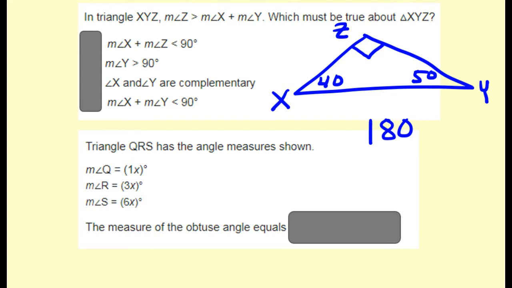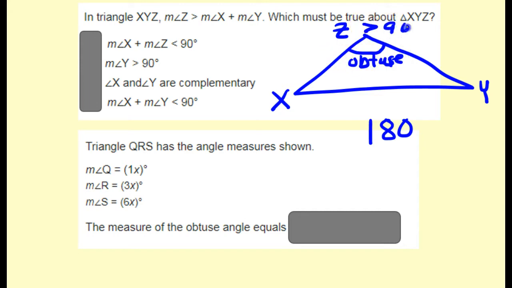Alright, so the only way that it could be bigger than the other two is if angle Z is bigger than 90 degrees. So angle Z must be obtuse. Okay, this is an obtuse angle. This angle is bigger than 90 degrees.